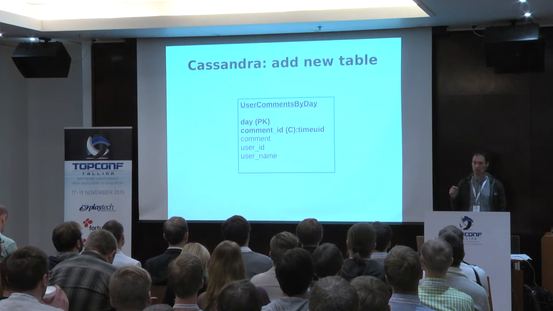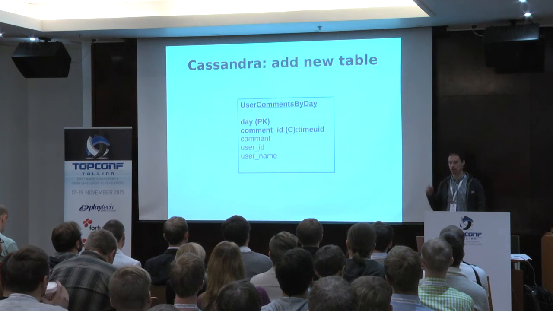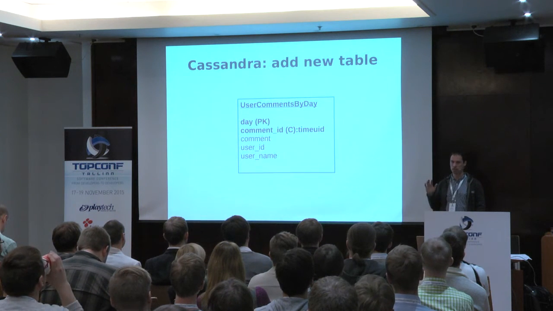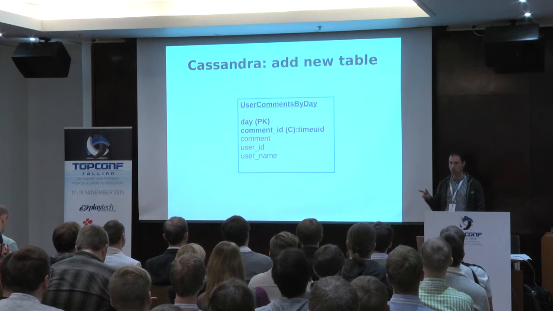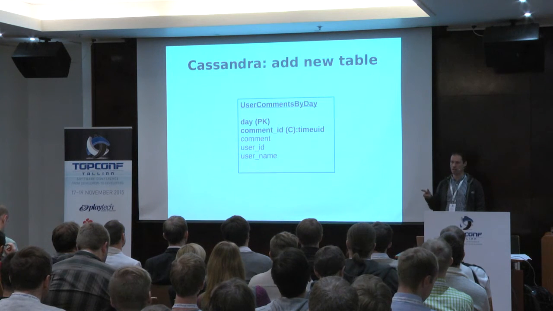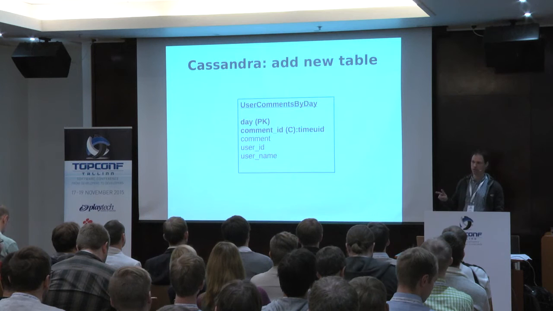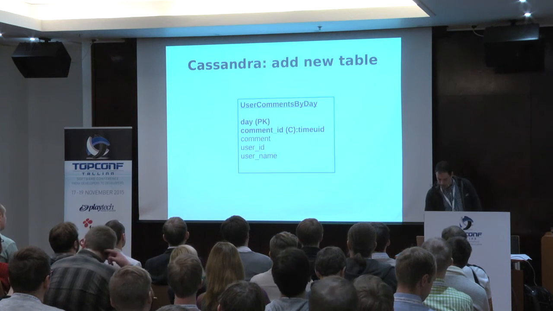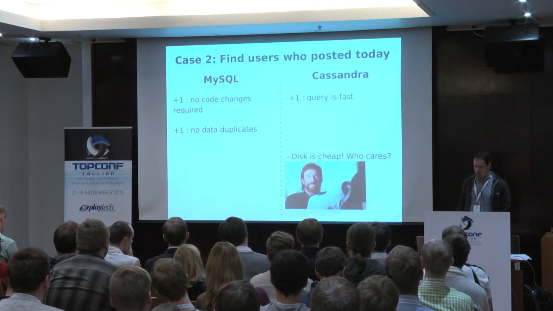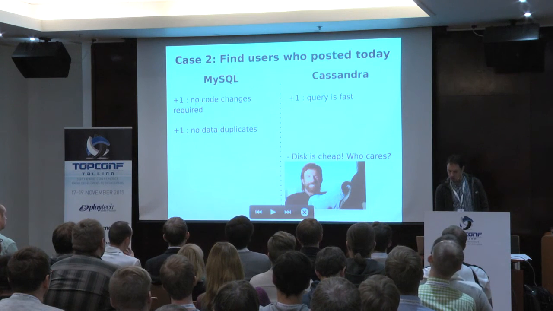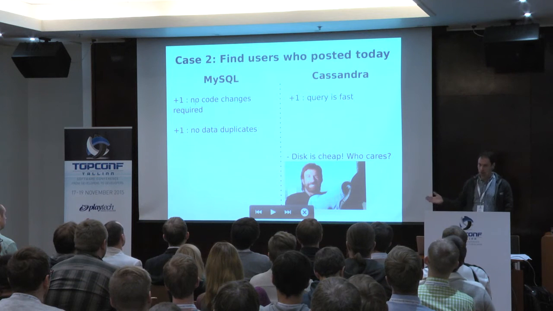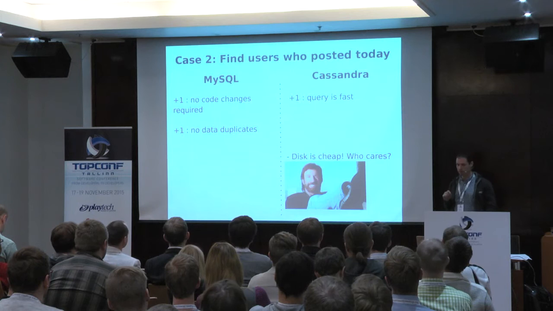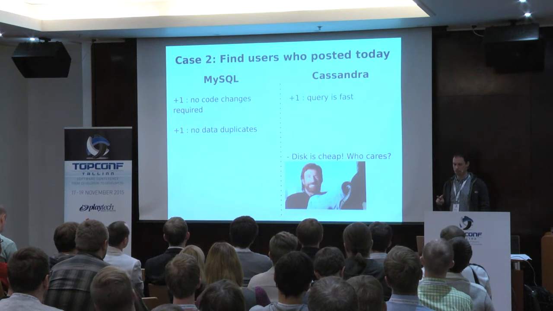On the other hand, we have a price for that. We have to pay because in our application now we have to update both of the tables. It's additional coding complexity you should be aware of. And to summarize case number 2, no additional code changes are required for MySQL, just modifying a SQL query is enough.